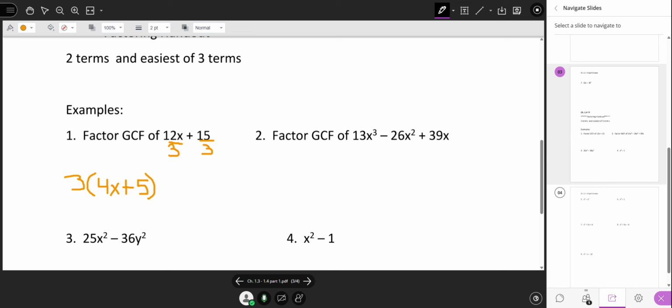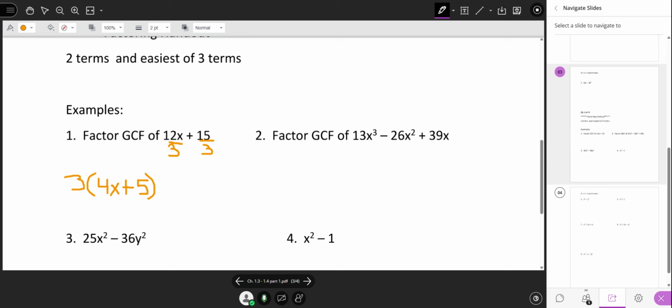There's a reason why I do this. One of the reasons is if there had not been an x cubed here on number 2, if there had just been an x on number 2, a lot of times people will drop that whole term thinking the whole thing goes away.